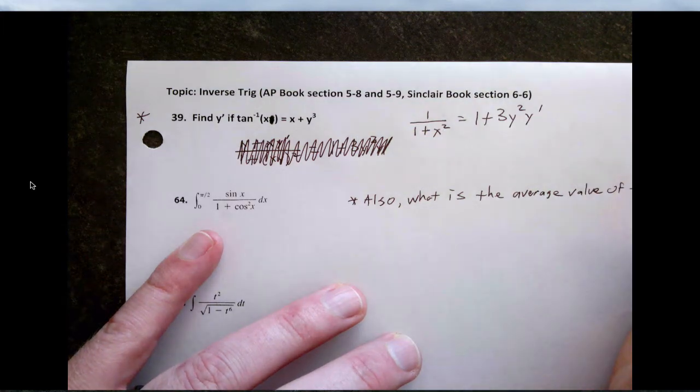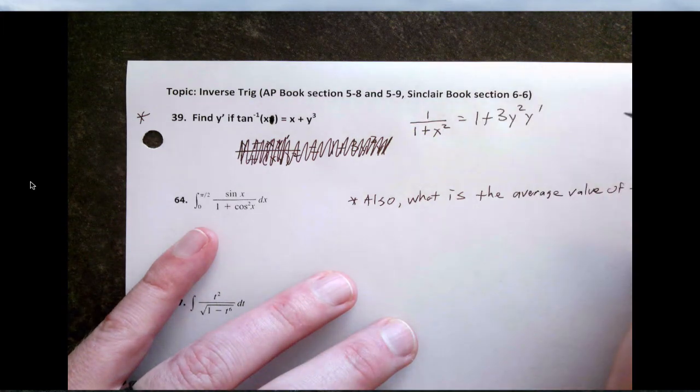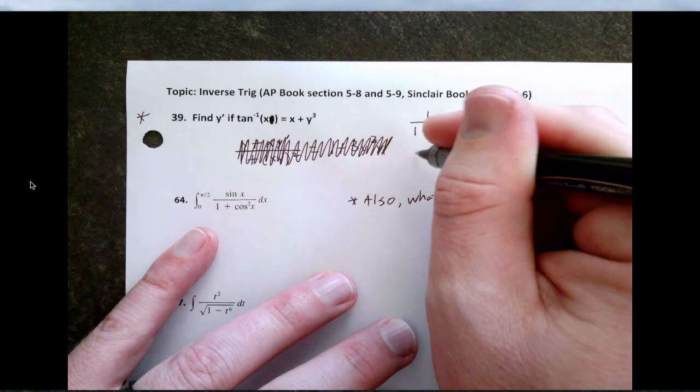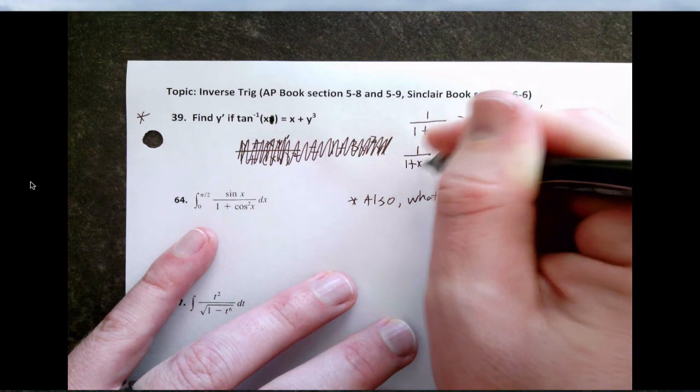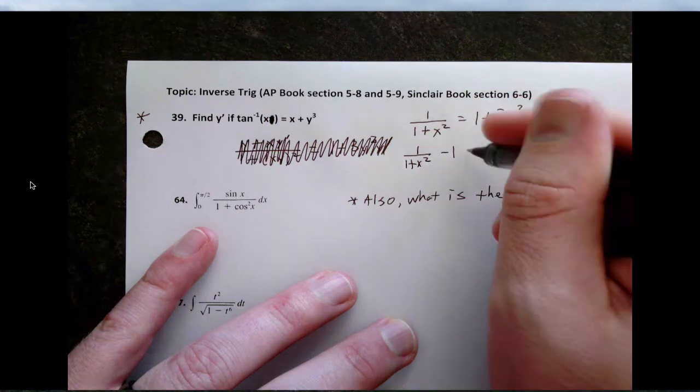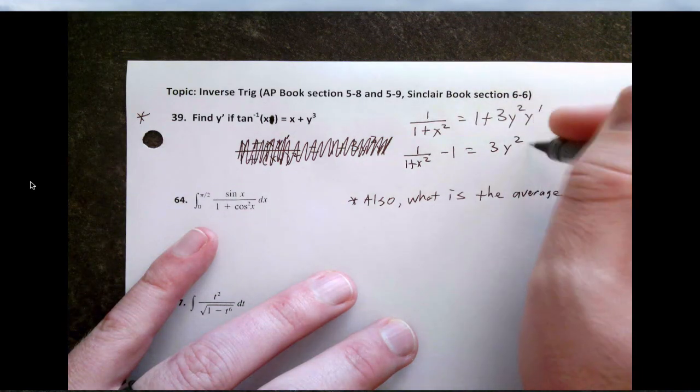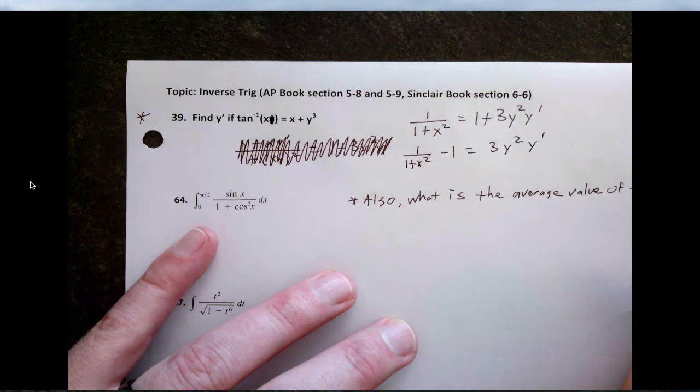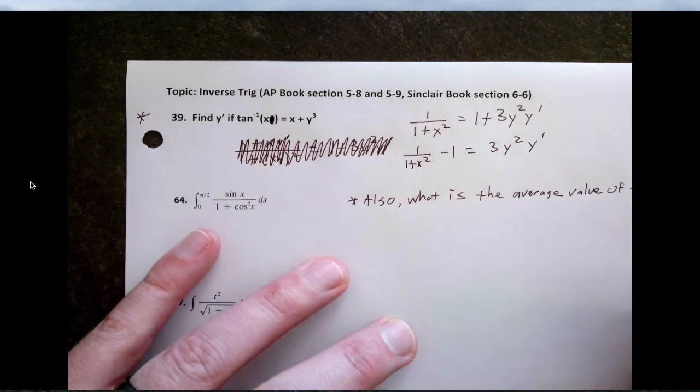And in order to solve for y prime, I'm just going to have to move these things away from it. So first I'm going to subtract 1 over to the other side: 1 over 1 plus x squared minus 1 equals 3y squared y prime. Okay, and now I just need to divide by the 3y squared.